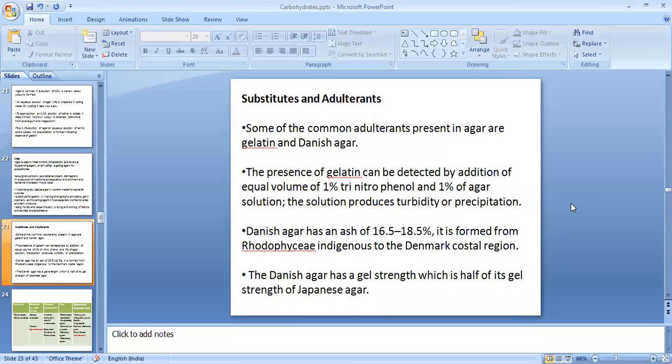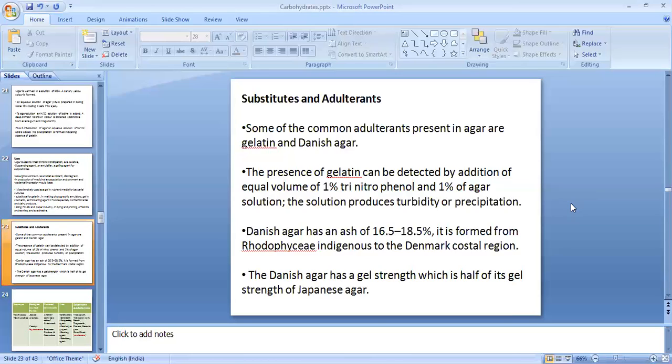And this Danish agar has an ash value of around 16.5 to 18.5, and it is also obtained from the Rhodophyceae family, and it is indigenous to the Denmark coastal region. And this Danish agar has a gel strength lower than agar, that is half of the gel strength of Japanese agar.